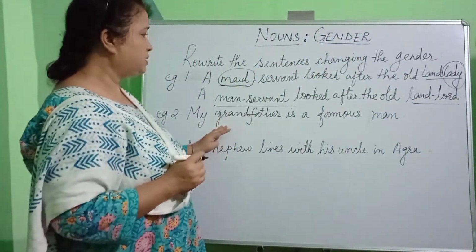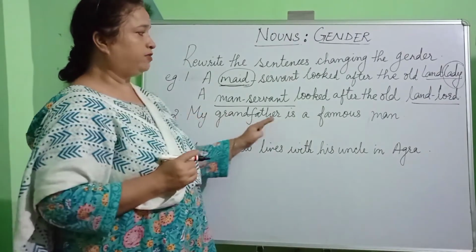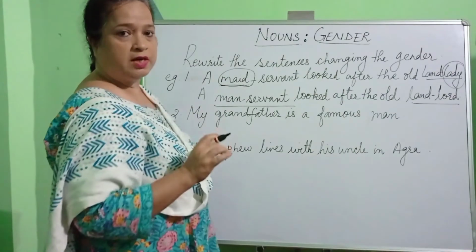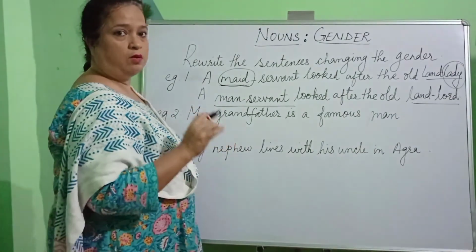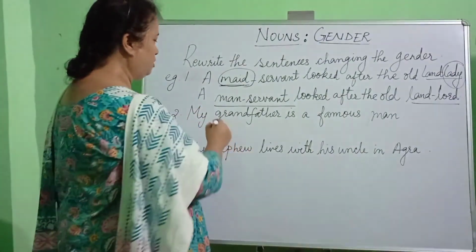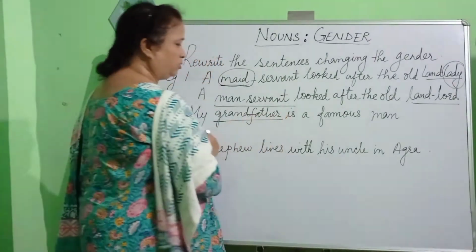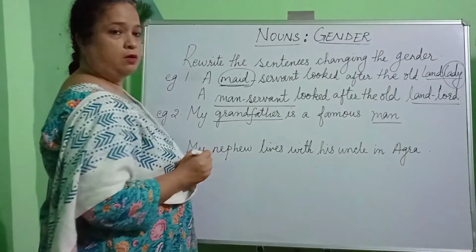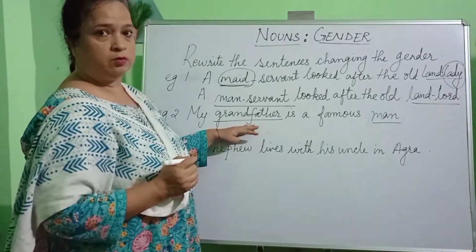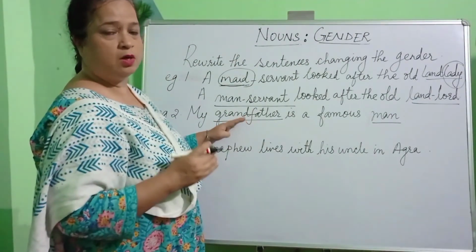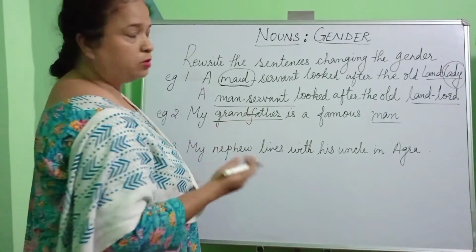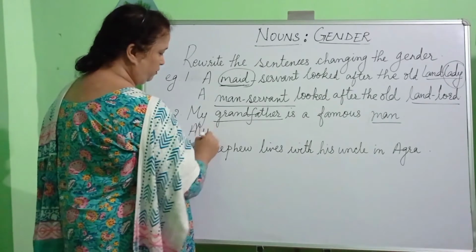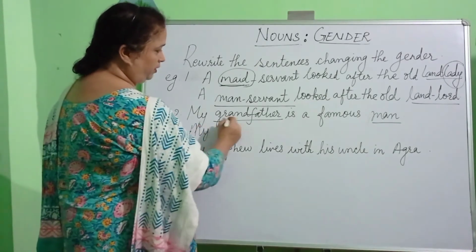Now let us have a look at the second sentence. My grandfather is a famous man. So as I told you, we change the person or the animal. So what is the person we are talking about? Grandfather. And we are talking about man. So what is the opposite? We already know, na? Instead of some words, we need to write a new word. Now, we will write my grandfather.